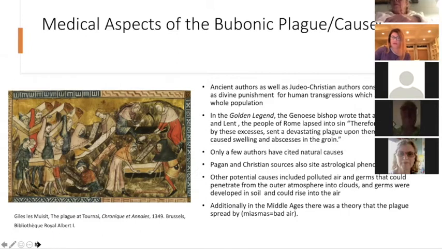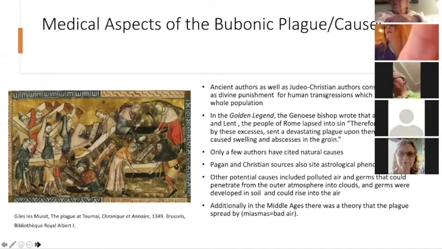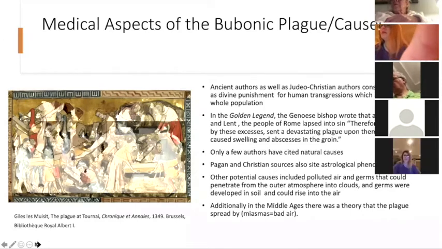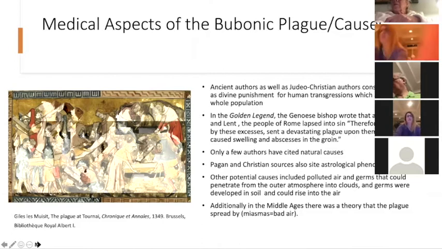So ancient authors, as well as Judeo-Christian authors, suggested that the plague was a divine punishment for human transgression on the population. And in the Golden Legend, which was a very popular publication, even at the advent of the printing press, more popular than the Bible, a Genoese bishop said that the people of Rome who had lapsed into sin had been punished for their excesses.